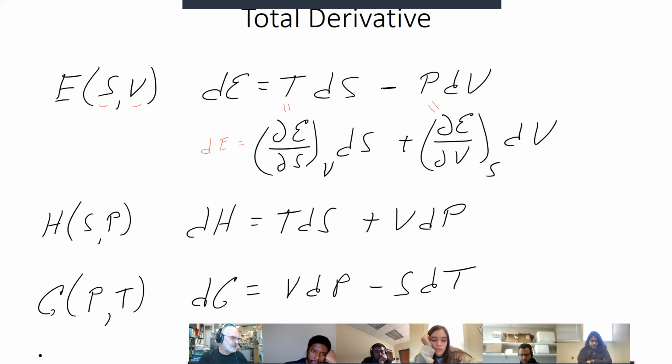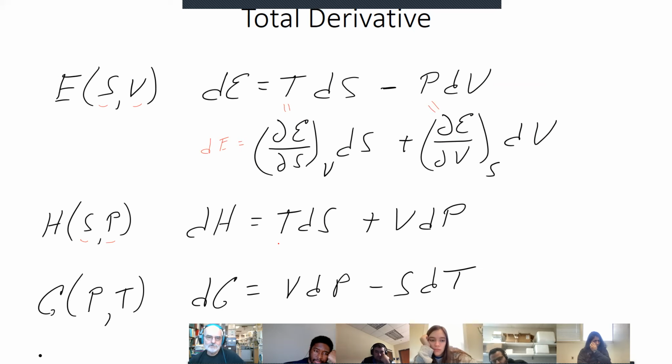So we could do the same thing for the enthalpy. The enthalpy, it turns out, is a function of S and P. And we can write it down in the same sort of manner where it's dH/dS dS, and dH/dP dP.